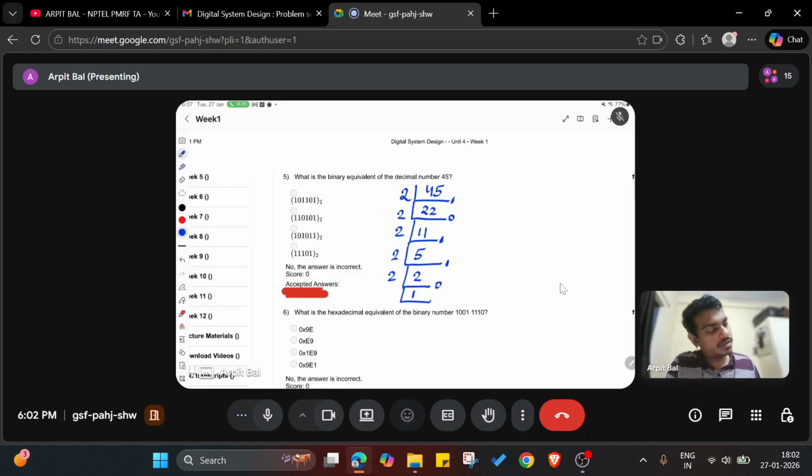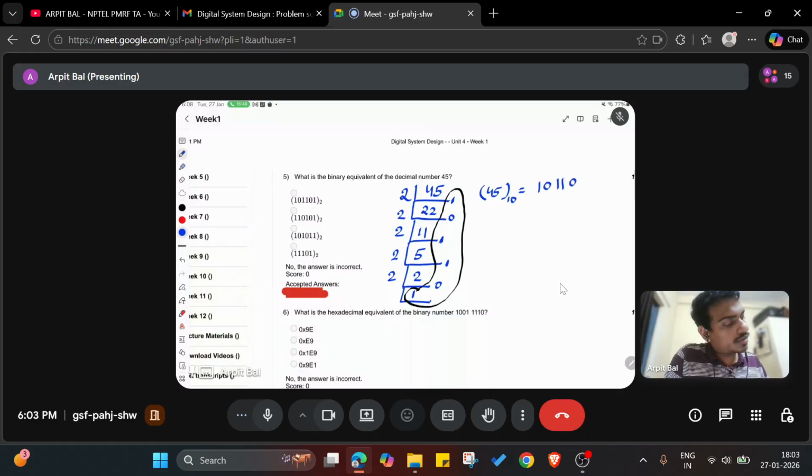Then to find out the binary equivalent, I'll take the digits in the reverse order. So my final answer is, the binary equivalent of 45 is 101101.